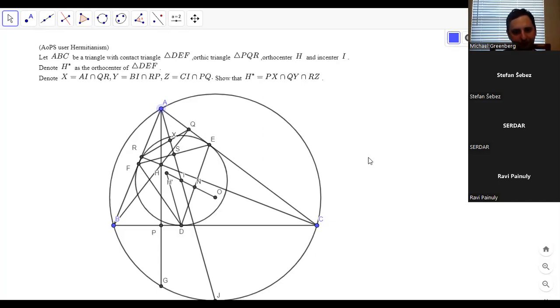Okay. Maybe we could even project those three points through H. Because H seems related to point X, right? At least a little bit, because this is cyclic.